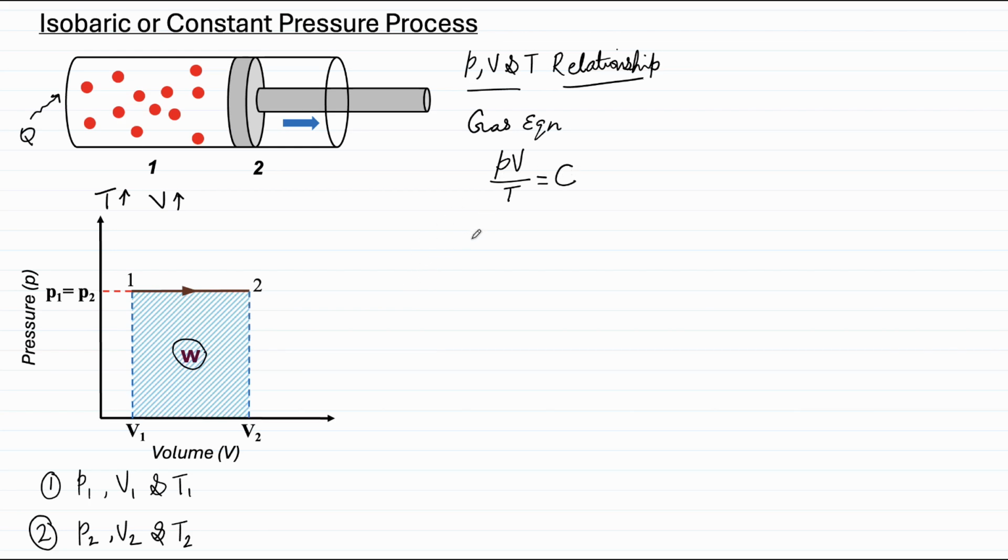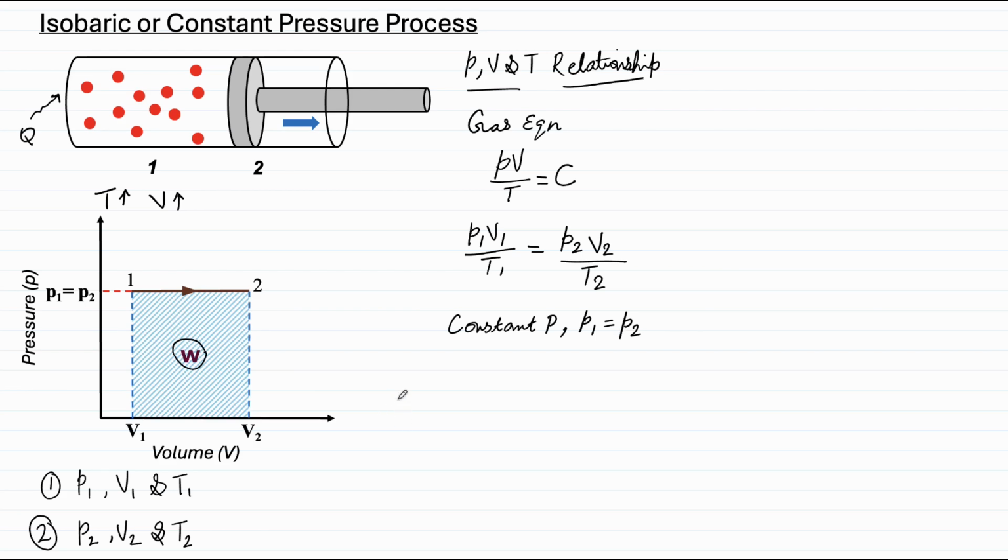So by applying the states, we can rewrite this equation as P1 V1 by T1 is equal to pressure at the second state, volume at the second state, divided by the temperature at the second state. And since this process is a constant pressure process, pressure at state 1 and pressure at state 2 are going to be the same.